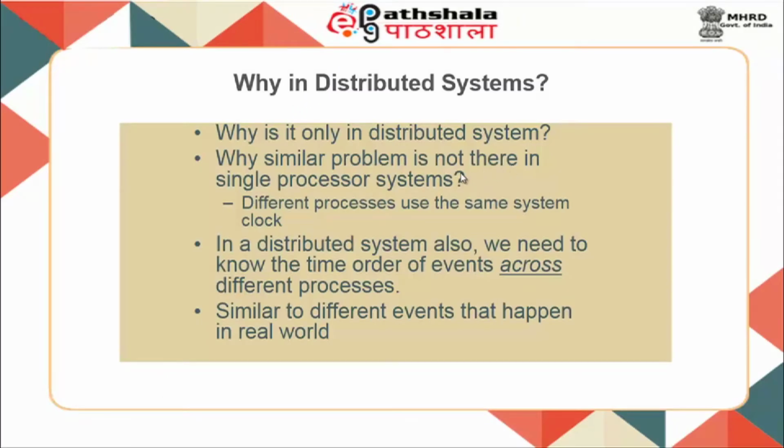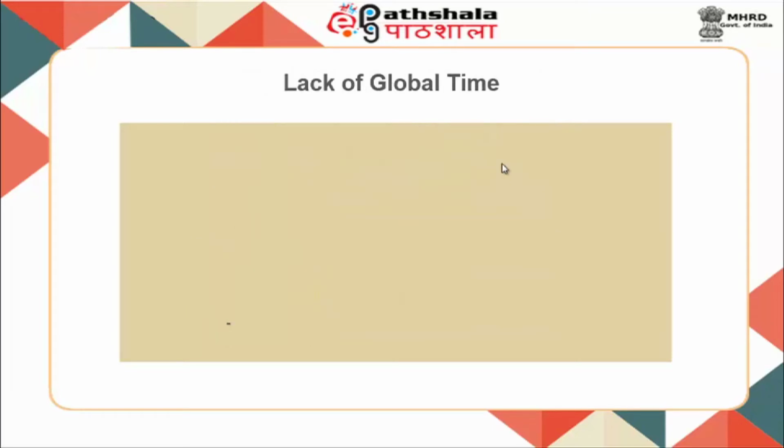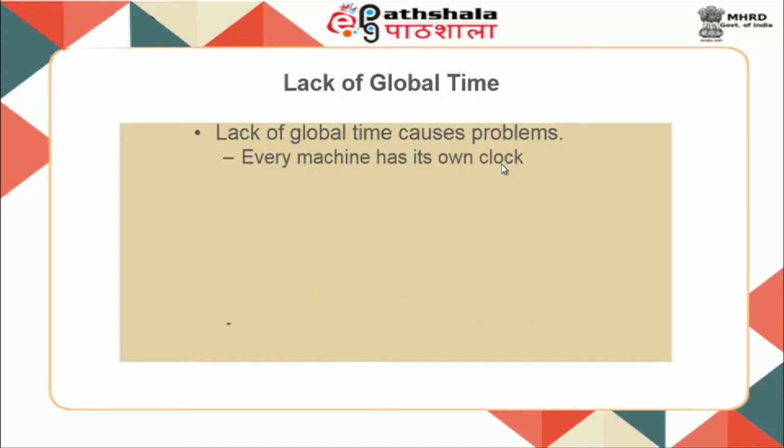So, this is identical to a real world environment, where different events happen according to the clock of the local time. What we are actually having a problem with is that there is no global clock or global time.